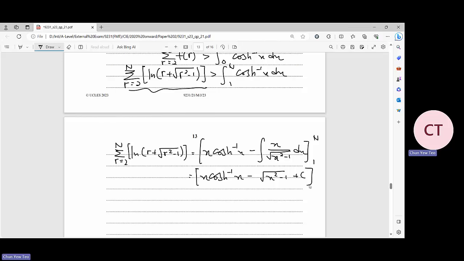But in part A, I put a plus c. Since this is a definite integral, the plus c is not needed. Then we substitute the values n and 1 inside.